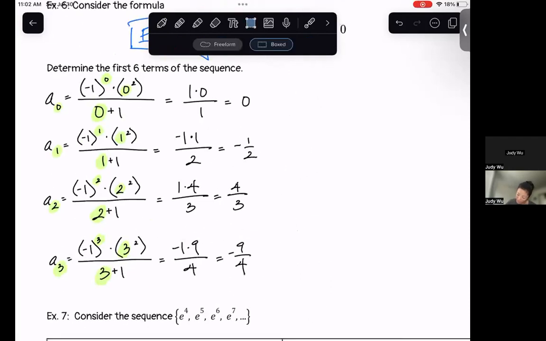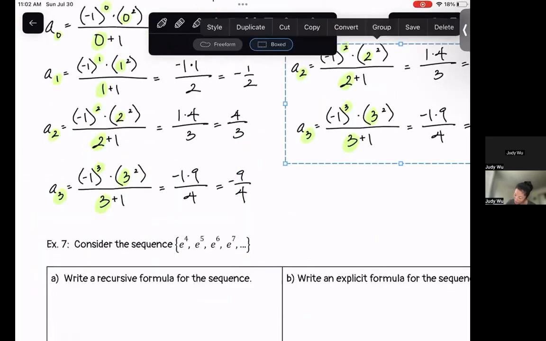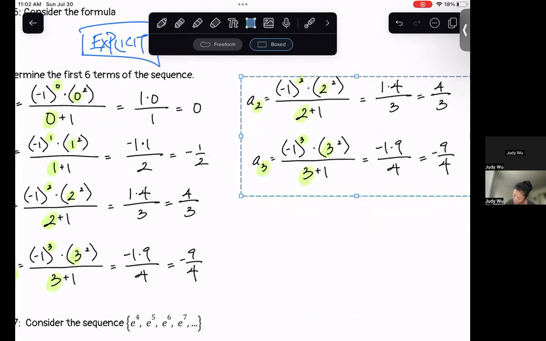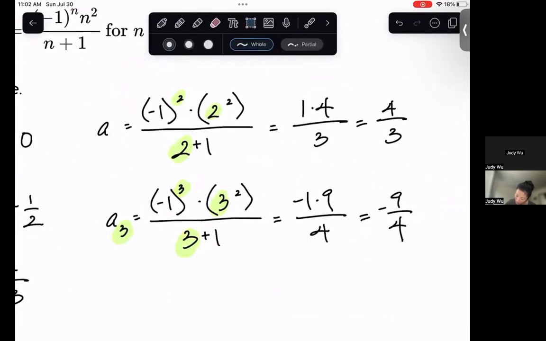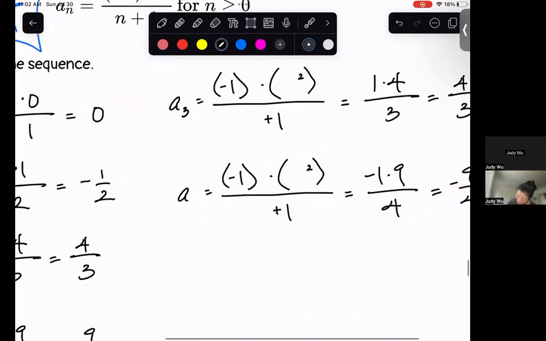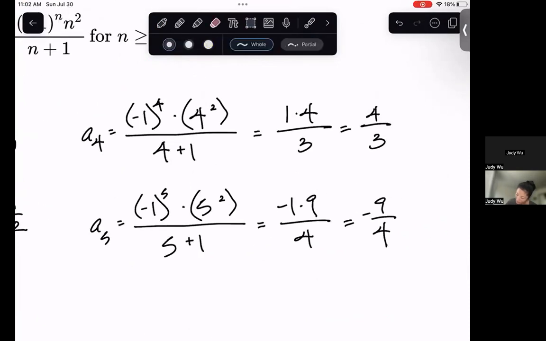Okay, and let's go ahead and copy and paste these two to find our a sub 4 and our a sub 5. A sub 4, 4, 4, 4, and a sub 5, 5, 5, 5.